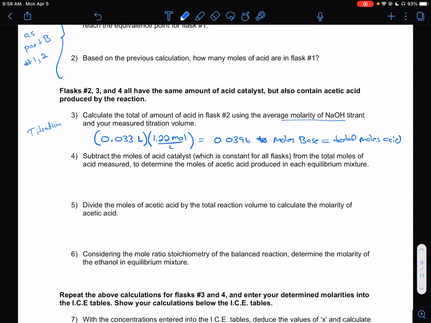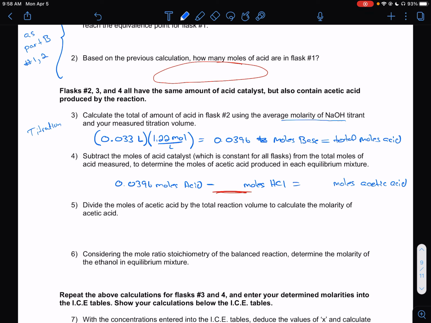So we can now take our 0.0396 moles acid and subtract the moles of HCl, and that moles of HCl will be the number you have here, and that's going to equal the moles of acetic acid. You have to do this with each of your solutions.